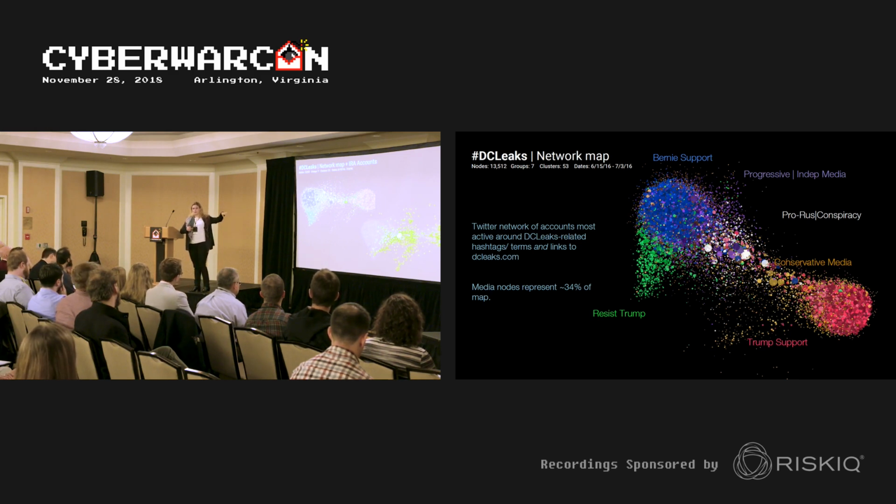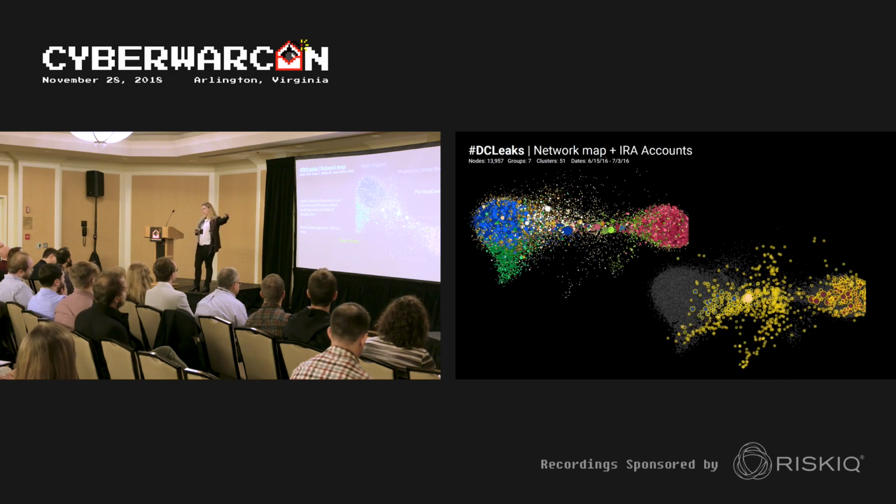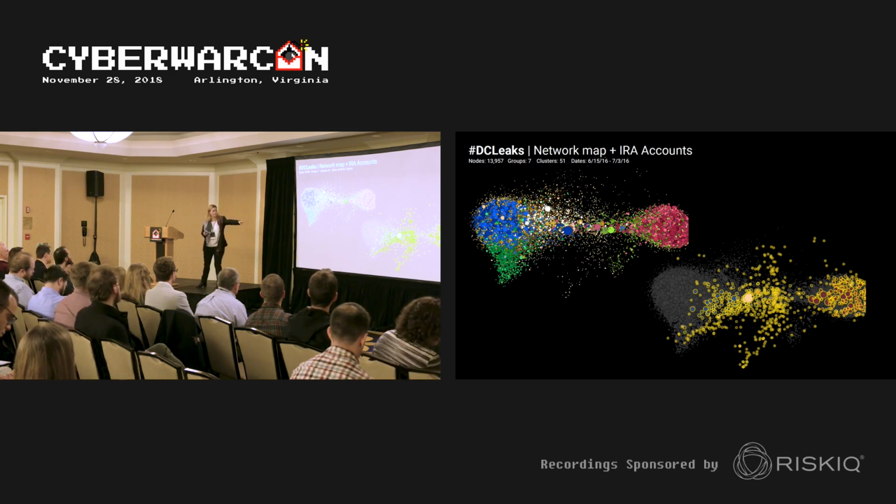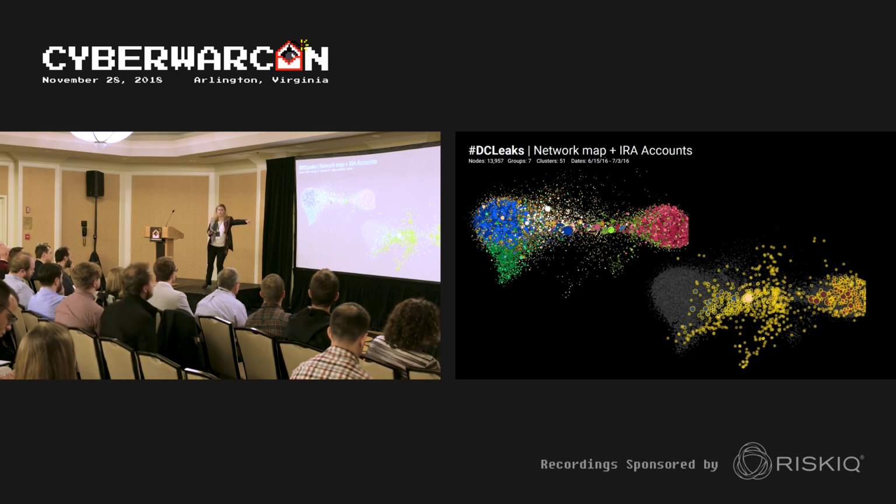So this answers the question, when you look at this network, how much of it had been penetrated and influenced by accounts that we now know are associated with IRA and GRU. And this is the yellow nodes that you see on the back. So those are the active, at that stage, now all inactive and attributed IRA accounts.